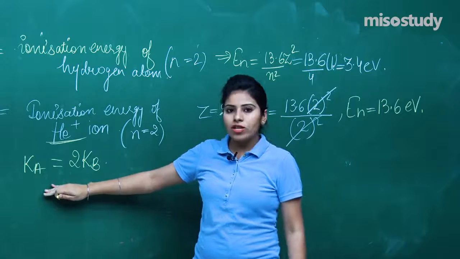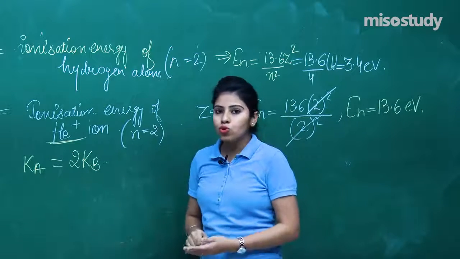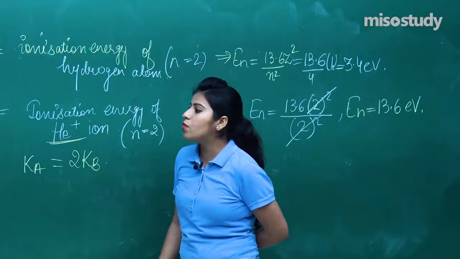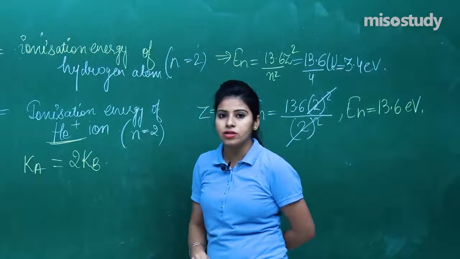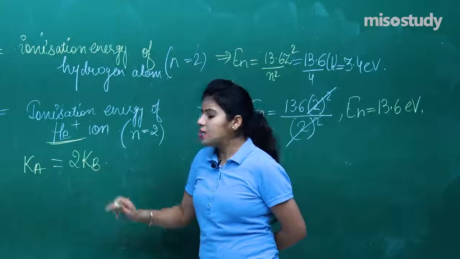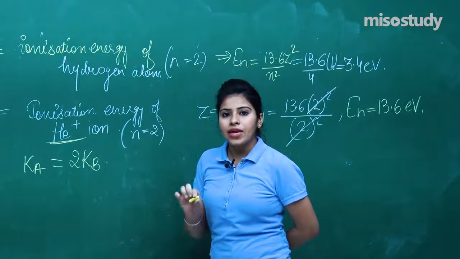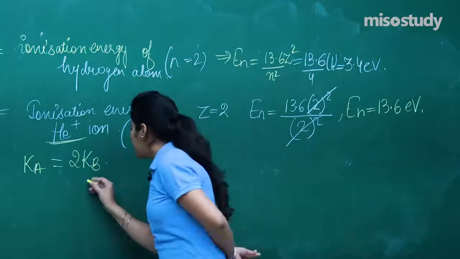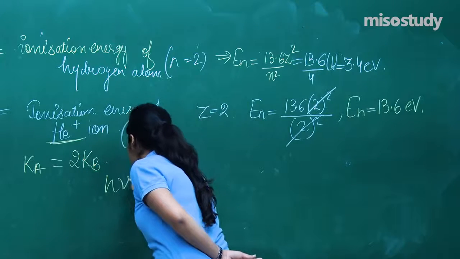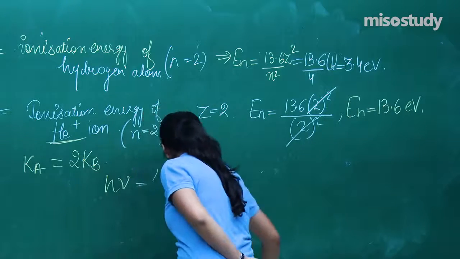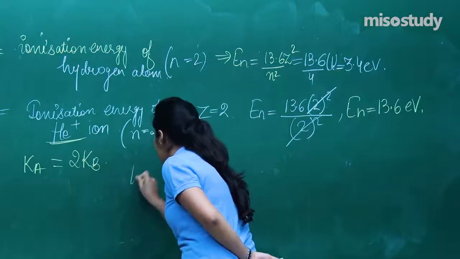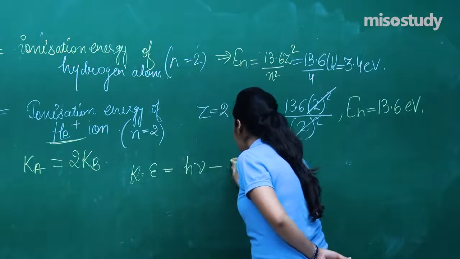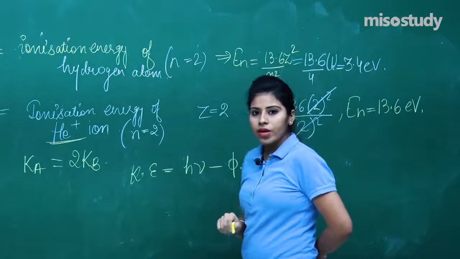Now from the equation Ka equals 2Kb, first of all we have to find the value of the energy. To find this, we can apply kinetic energy equals h nu minus work function, right?